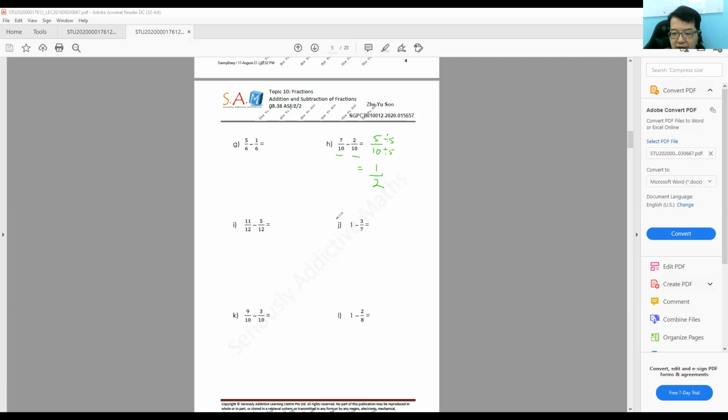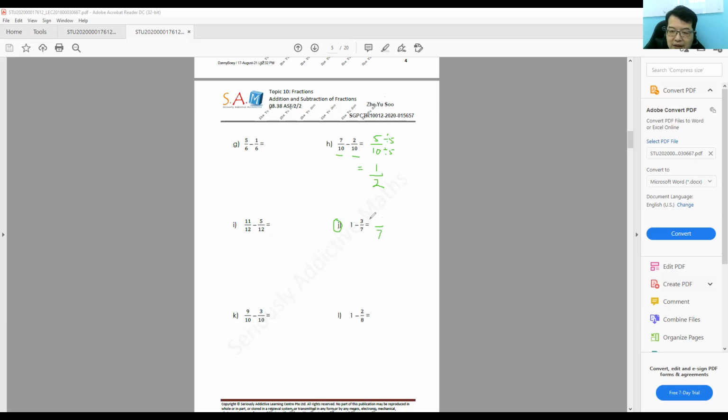Now, J is an interesting question because now you have 1 whole. 1 whole minus 3 out of 7. So what you need to do here is to have fractions of the same denominator. In this case, you need to convert the whole into a fraction with a denominator of 7.